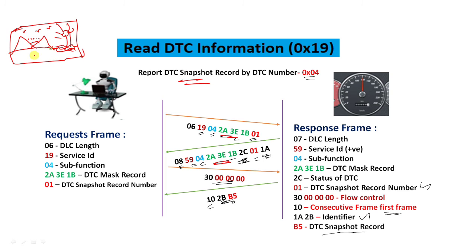So in the snapshot, you can capture the moment: how many birds are there, how the trees were, what is the color of the sky, how the sunset ranges, the color of the water, the place, everything.